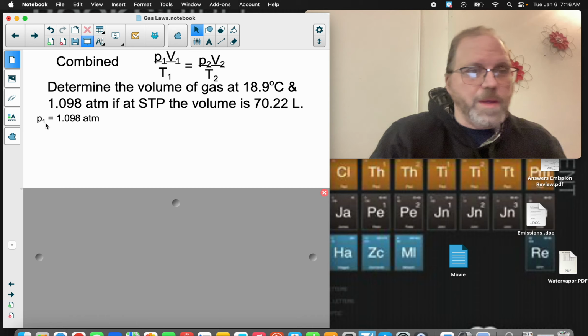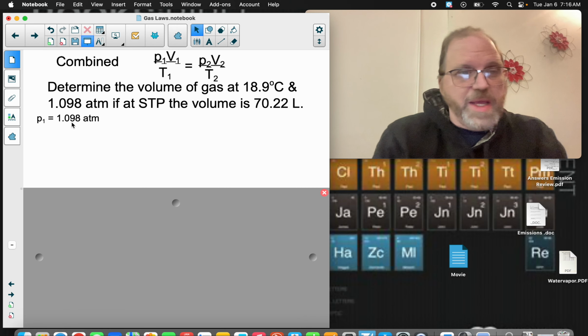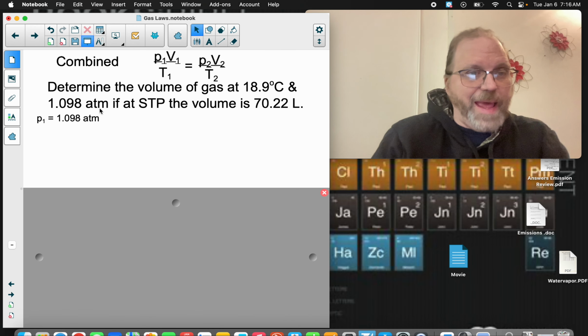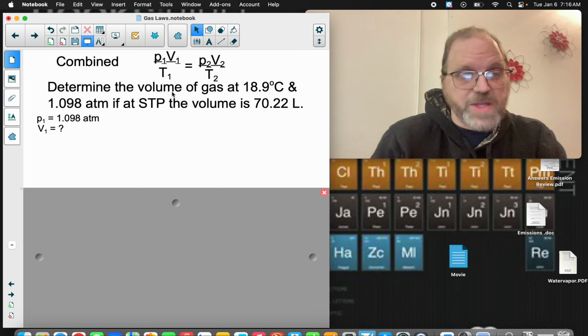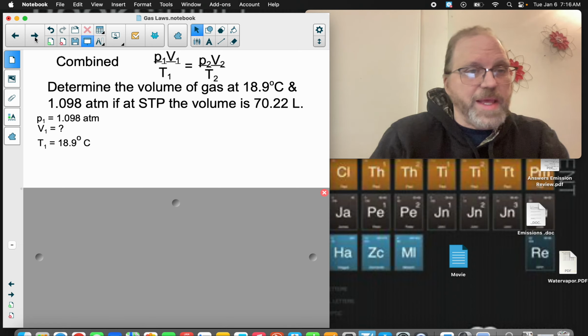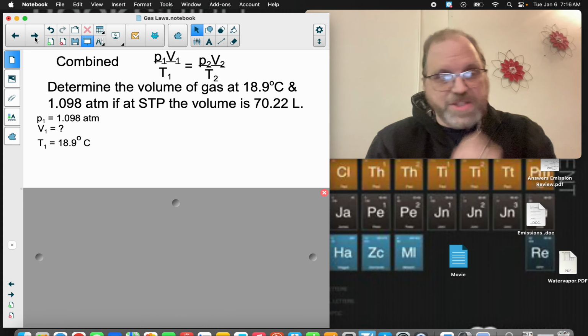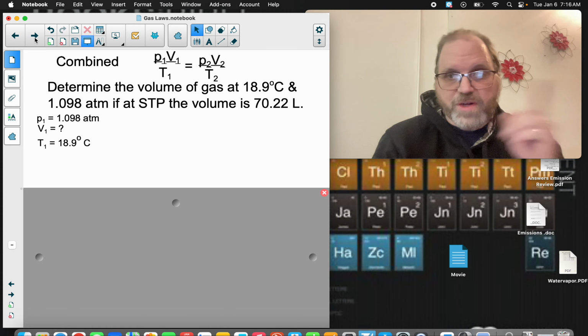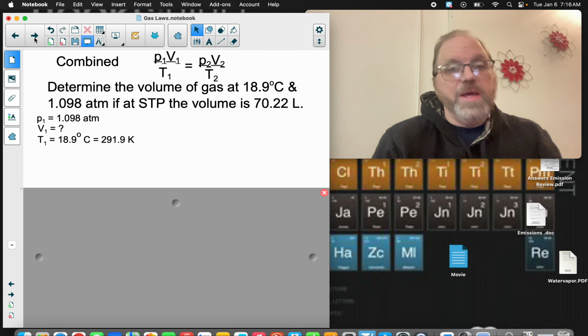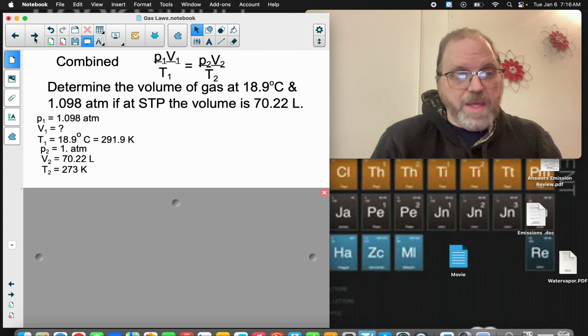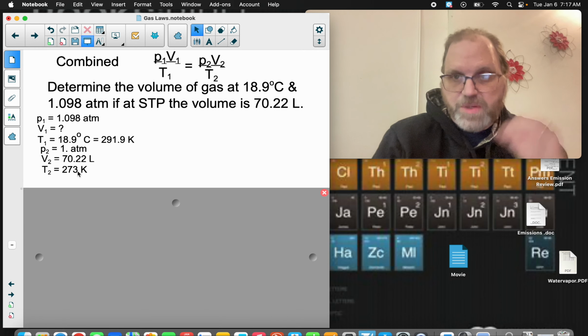So our starting pressure is 1.098 atmospheres, and we don't know the volume because it says determine the volume in the first half, and the temperature is 18.9 degrees Celsius, but we don't like Celsius because it's got 0 in it, so we're going to convert to Kelvin, add 273. The other values are STP, so we have 1 atmosphere, 70.22 liters, and standard temperature is 273.